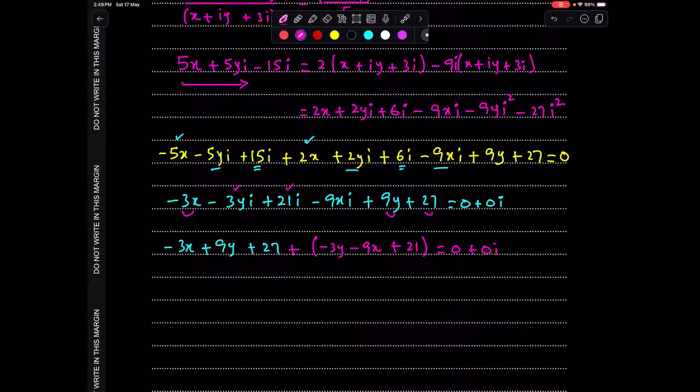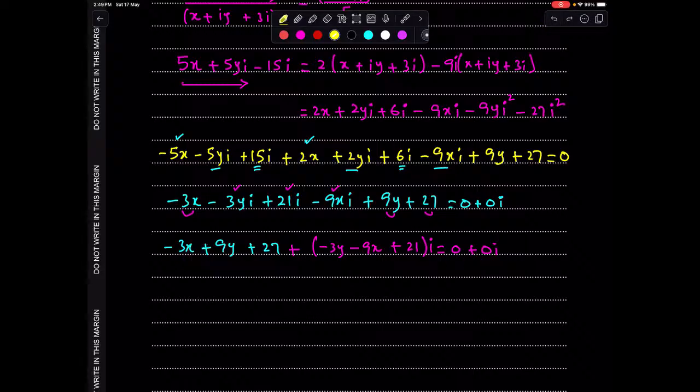We took all three here and I is common. Now equate the real part with real, imaginary with 0.